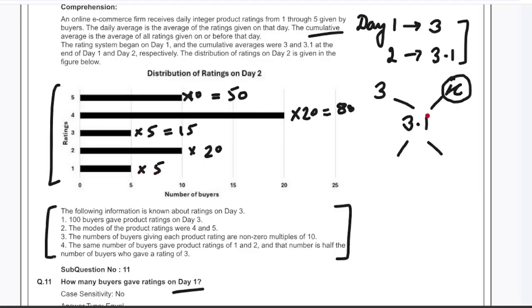That means the total rating comes out to be 50 and 80, 130, 145, 165, and 5, 170. So 170 is the total rating. The number of buyers, if I add 10 plus 20, 30 plus 5, 35 plus 10, 45 and 5, that is 50.